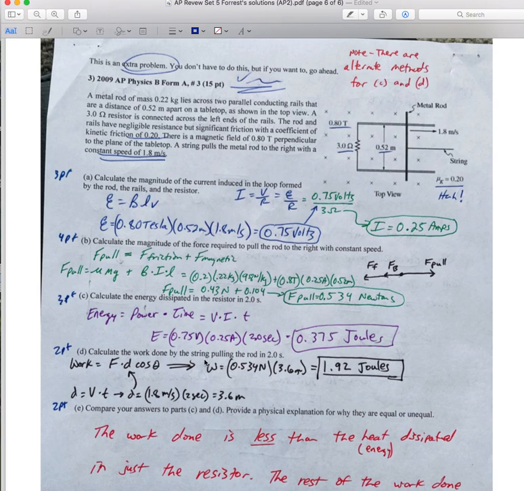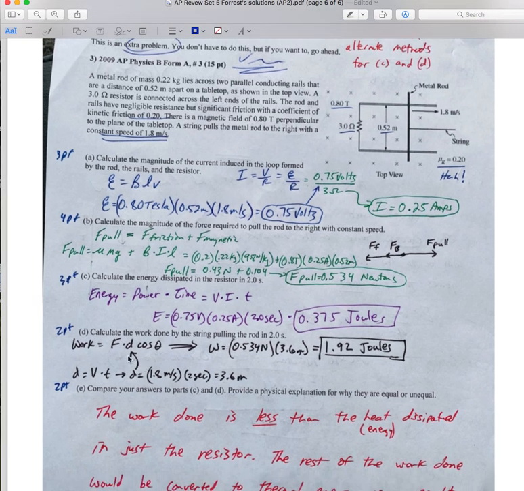Now to calculate the work done by pulling it, work is force times distance. I think that's something you should know this year, even though it was a Physics 1 concept. So F d cos theta; the pole is to the right and the displacement is to the right, so the cos theta doesn't matter. I'm going to use the force of the pole I got earlier, and the distance I can find by using velocity times time, which is 3.6 meters. That tells me how much work is done.